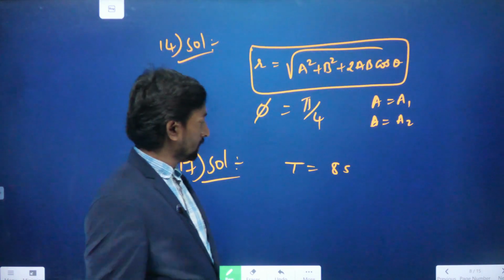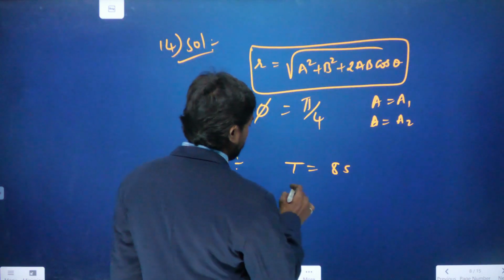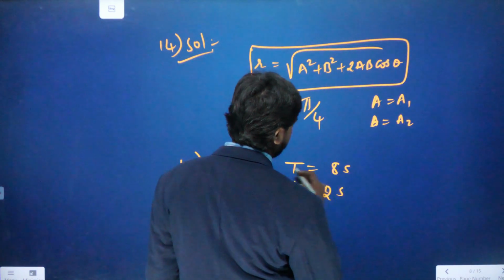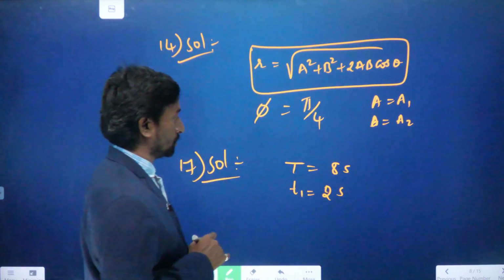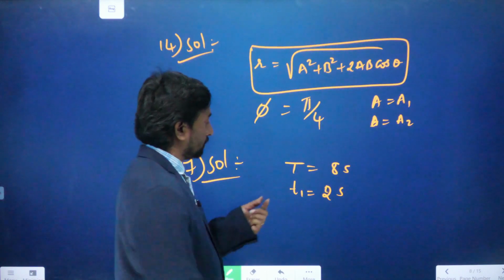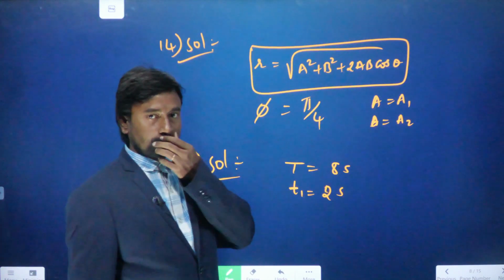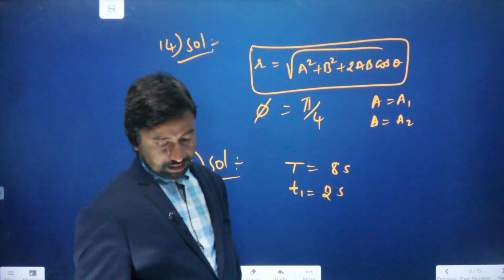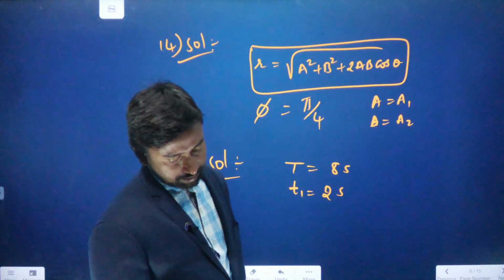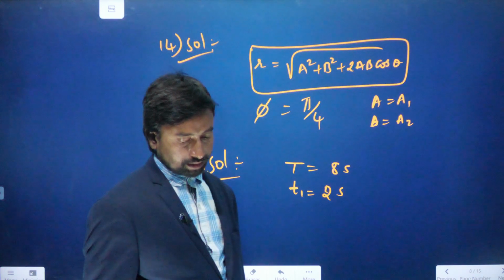So with 4 equal parts, T1 is equal to 2 seconds. In the first quarter, the body has travelled to the first extreme position. Next, it is asked to find the ratio of the distance travelled by it in the first second and second second.